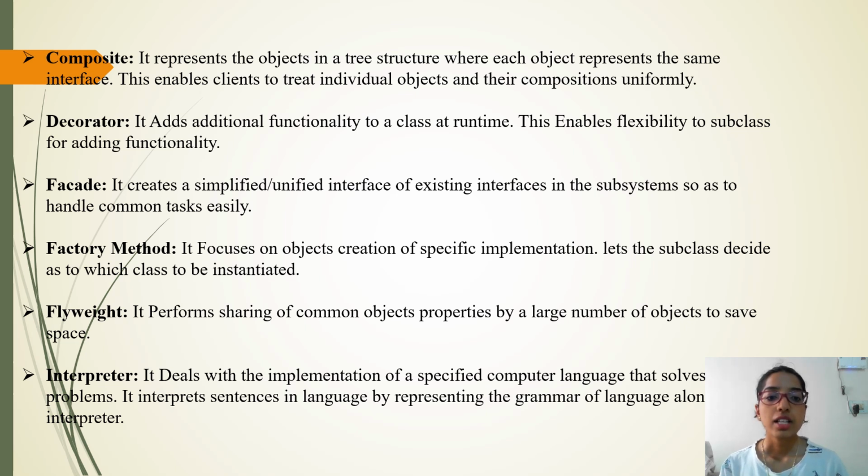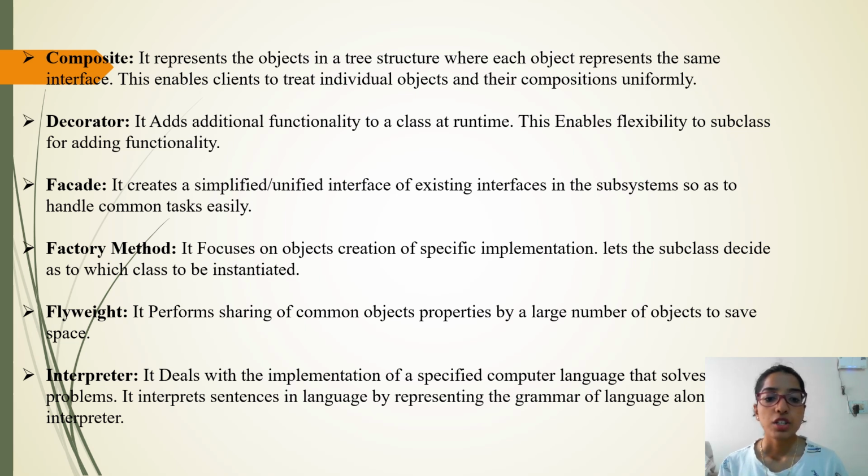Facade. It creates a simplified or unified interface of existing interfaces in the subsystems so as to handle common tasks easily. Factory method. It focuses on the creation of objects of a specific implementation. Lets the subclass decide which class is to be initiated. Flyweight.